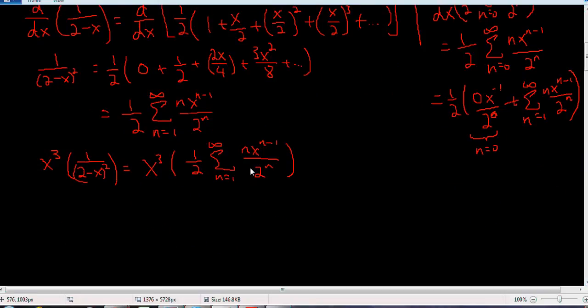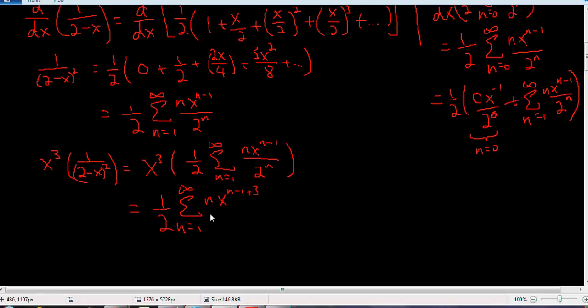Right, so how do I move this in? Well, I can bring the x cubed inside the sum, right? X cubed does not depend on n, and so this would be 1/2 times the sum from n equals 1 to infinity of n x to the 3 times x to the n minus 1. Well, it's x to the n minus 1 plus 3.